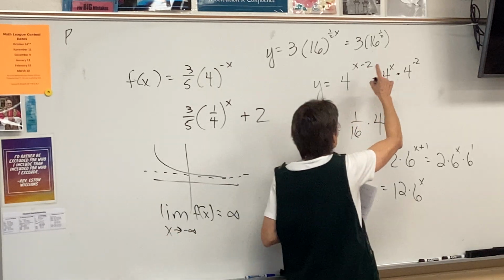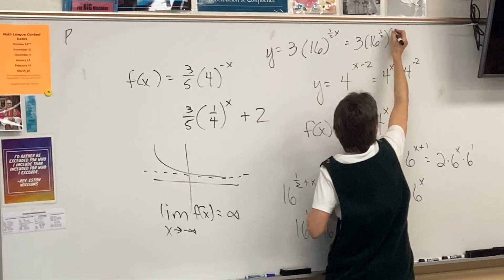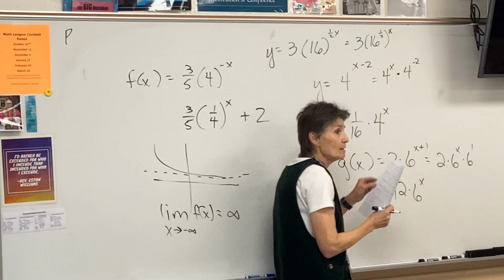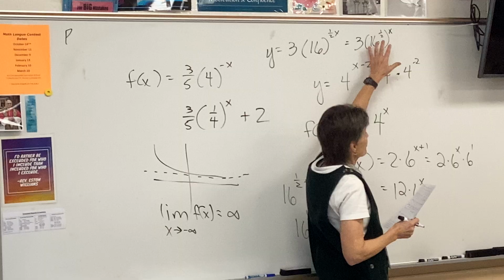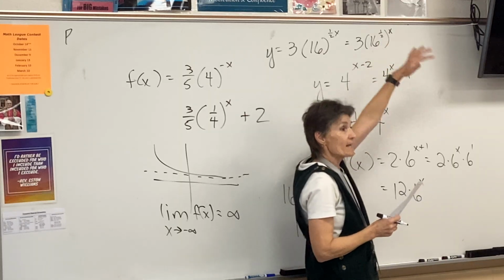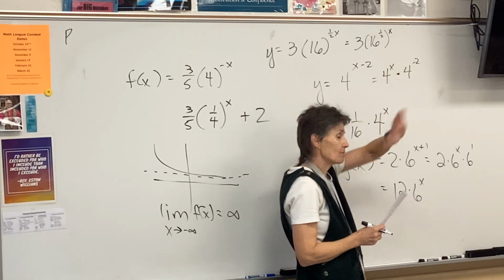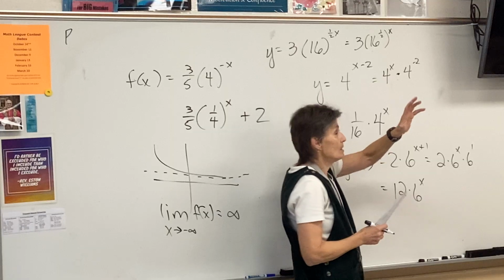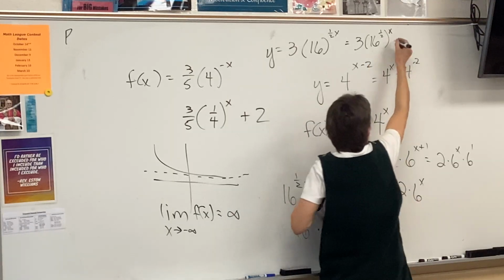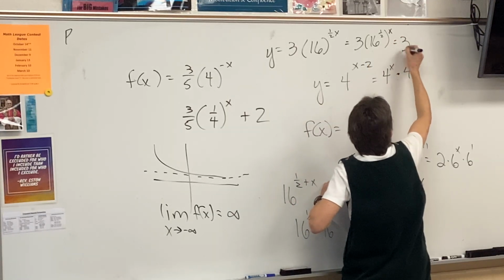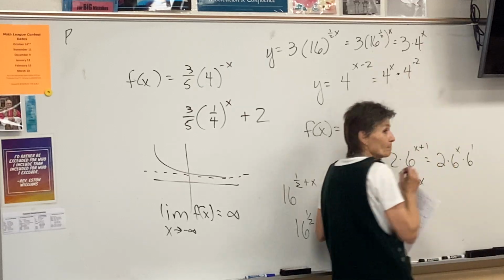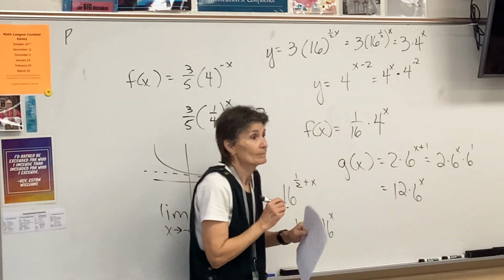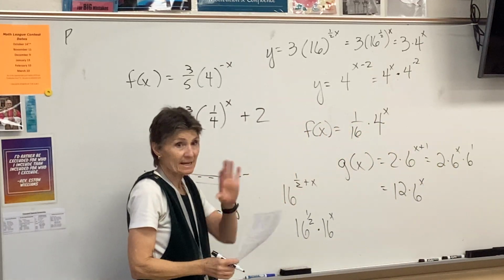This is a multiplication. So isn't that just 16 to the 1/2 to the x? There's not another 16 in there. So that becomes 3 times 4 to the x. Okay. Everybody see that distinction?